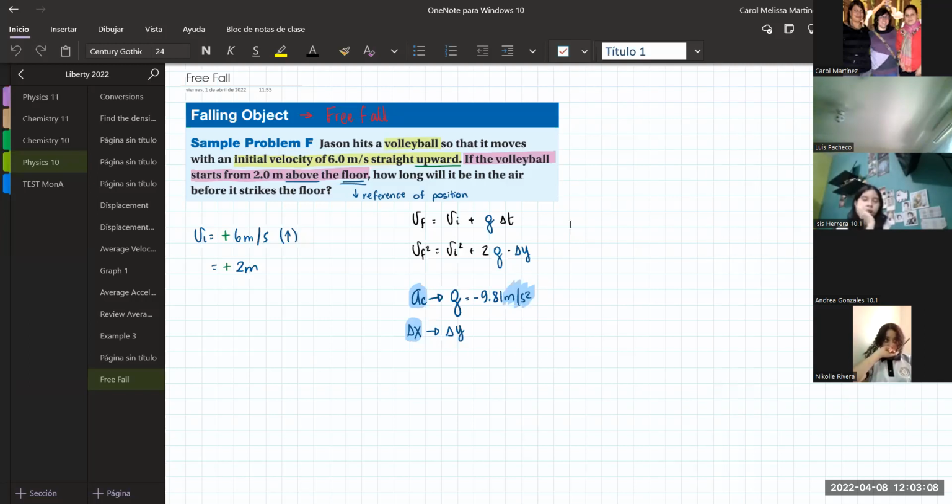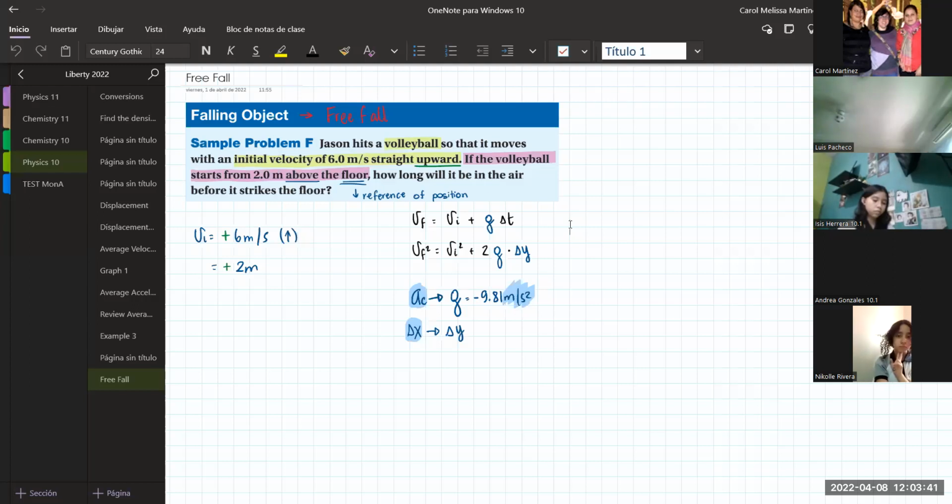So in that case, we are going to be located at the position plus 6.5, because we are above the ground. But if, for example, there was an elevator and we have to go underground, underground is going to be a negative position because it's going to be below the ground. So I just want you to understand that part, okay? What the positive and the negative mean in free fall.